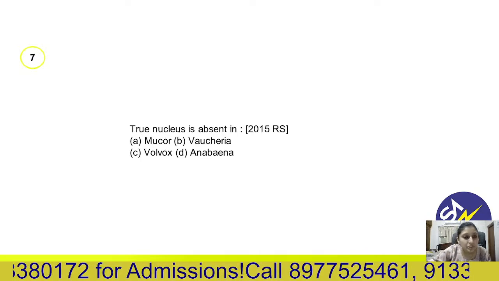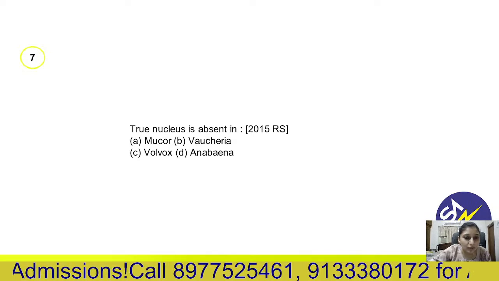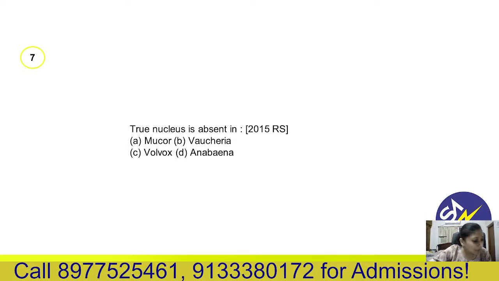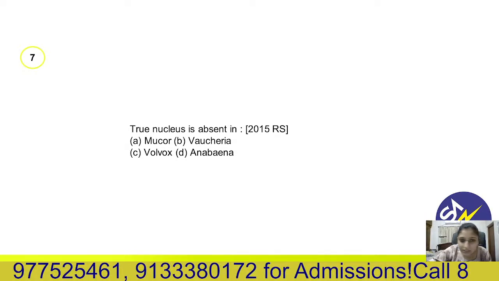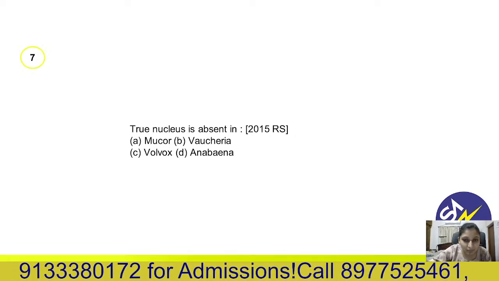Then the seventh question, a true nucleus is absent in which: Mucor, Vaucheria, Volvox, Anabaena? In which is the true nucleus with nuclear membrane absent?